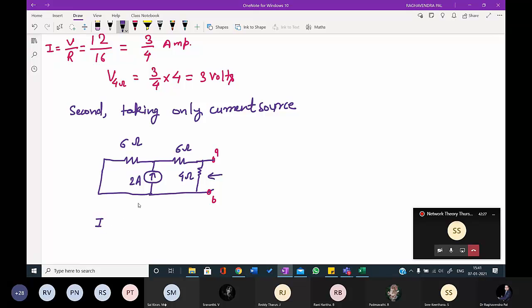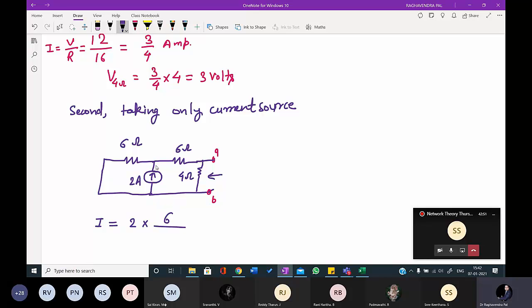Across this one, we want to calculate I. So I is equal to the total current value 2 ampere, multiplied by the resistance through which current is not going, meaning we don't want to calculate across that. So that is 6 ohm.